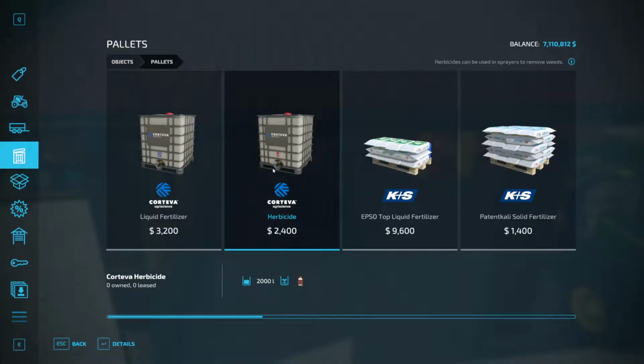Back to our good friend herbicide. 1.2 times 1,000 per 1,000 liters will give you $1,200. Times 2 for 2,000 liters gives you $2,400. Now, there are no factors that affect herbicide. Much like liquid fertilizer, these are inelastic products, so they're going to cost you the same no matter what the product difficulty or the game difficulty level is.